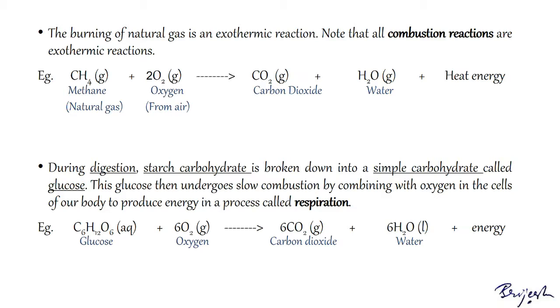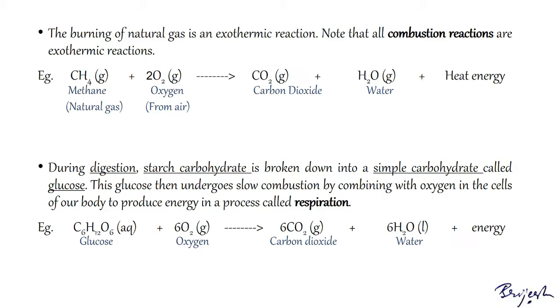So glucose, C6H12O6 (aq), plus 6O2 gives 6CO2 (g), carbon dioxide, plus 6H2O (l), water, plus energy. So respiration is an exothermic process because energy is produced during this process.